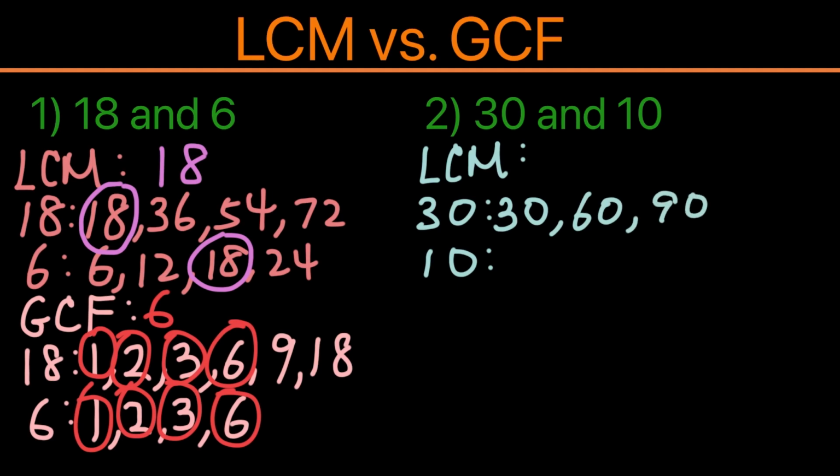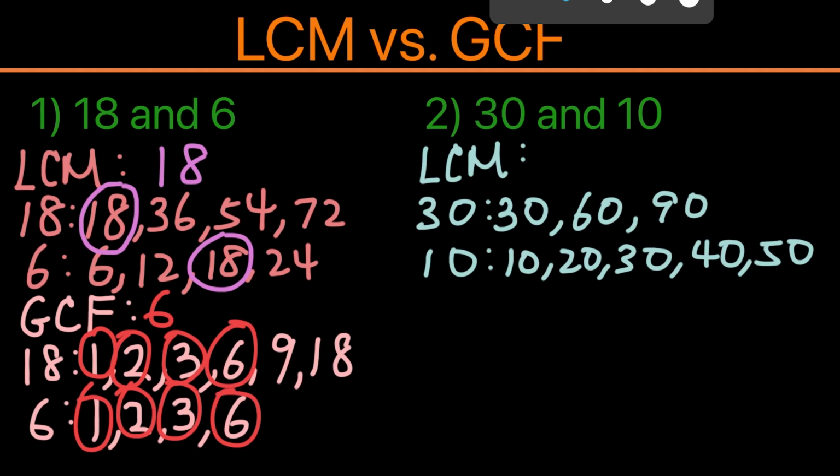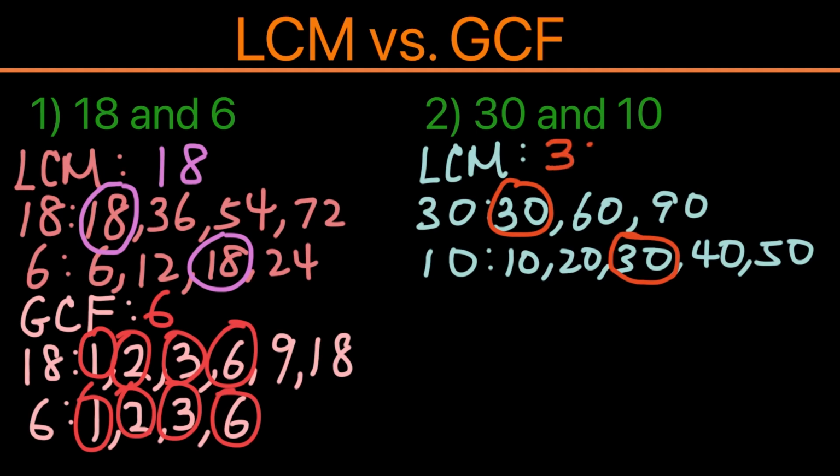And then for 10, it's 10 times 1, 10 times 2, 10 times 3, 10 times 4, 10 times 5. And finding the least common multiple that both of them match, it would be 30. So the least common multiple is 30.